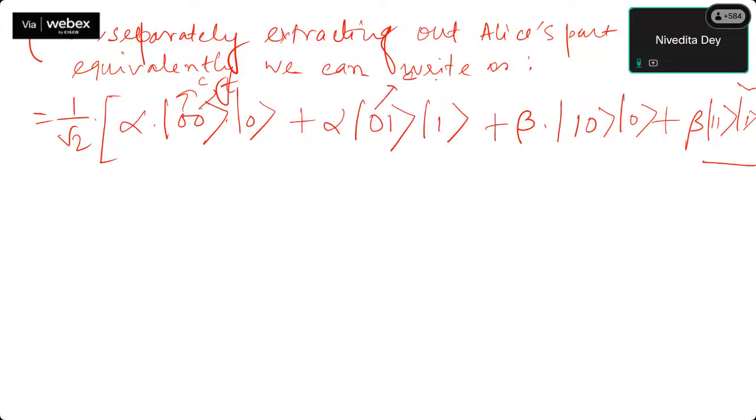Similarly, this is the control and this is the target. Similarly, this is control, this is target, and this is control and this is target.